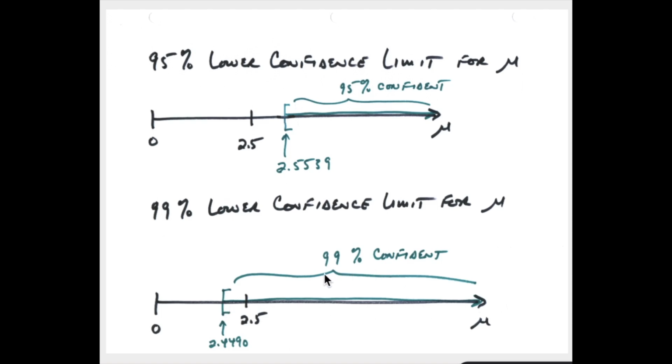We say that we're 99% confident that the mean diameter of the apples is greater than or equal to 2.449, and so we cannot rule out values that are less than 2.5 as being the true values. Thinking in terms of the hypothesis test, we know that we would fail to reject that null hypothesis that mu is less than or equal to 2.5 at the 0.01 level of significance.